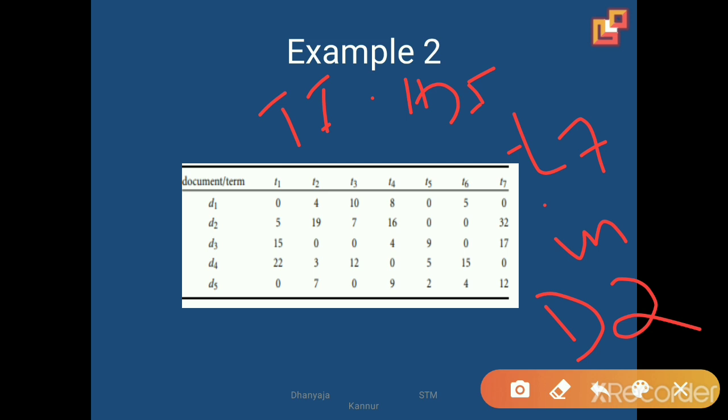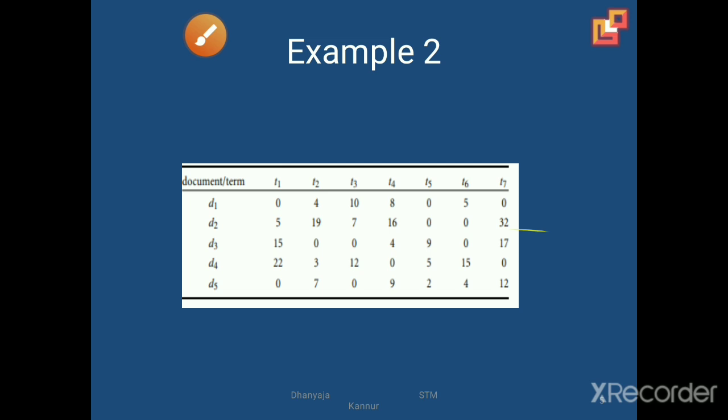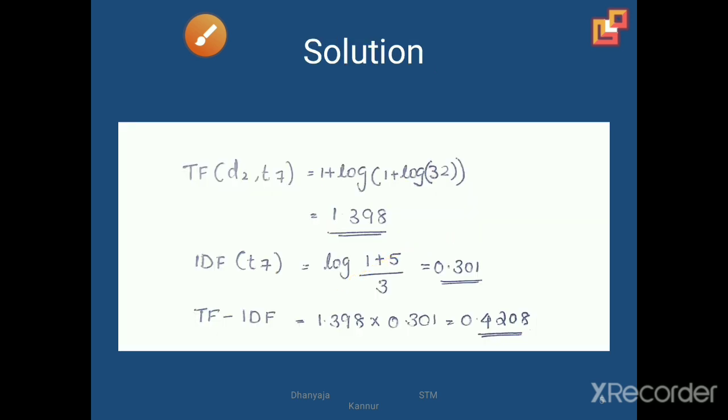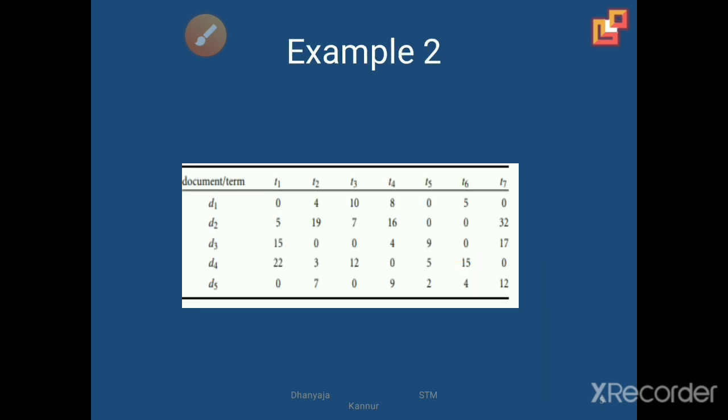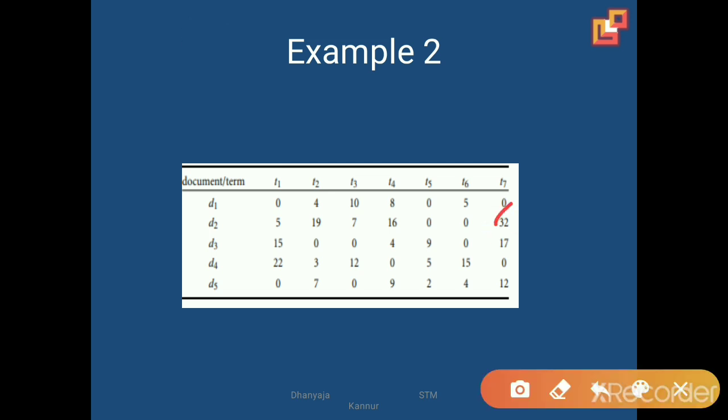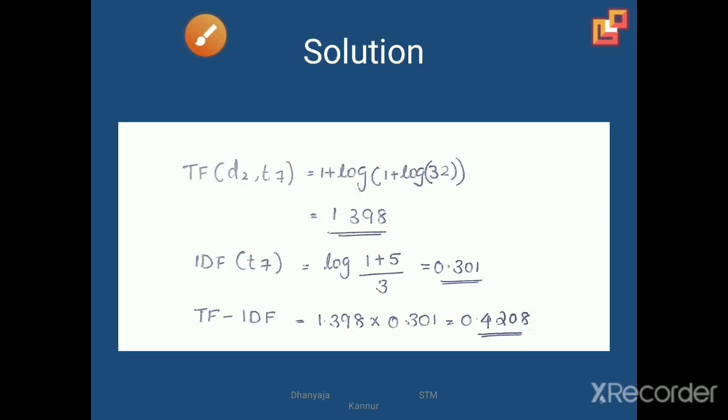We have to find TF of D2 comma T7, right? While substituting the value, 1 plus log of 1 plus log of, what is the value of T7 in D2? The value is 32, right? Here you can see T7 in D2 is 32. After substituting that value, you will get the value 1.398.